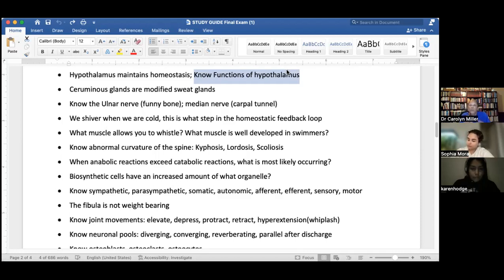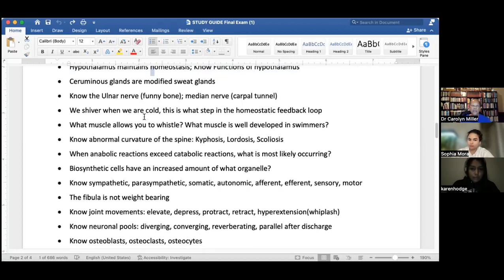Therefore, if we do need a hormone, the hypothalamus is going to send that input to the pituitary to help return us to homeostasis. So again, the H in hypothalamus, it helps us maintain homeostasis. I'm not sure what the question is, but if it's dealing with returning the body to homeostasis and asks what part of the brain, it would be the hypothalamus.